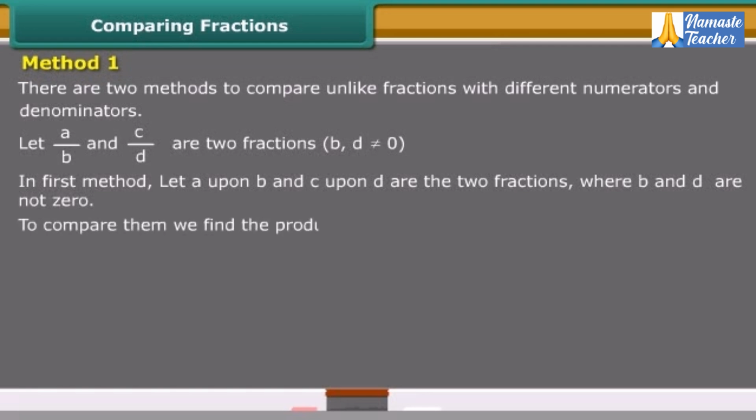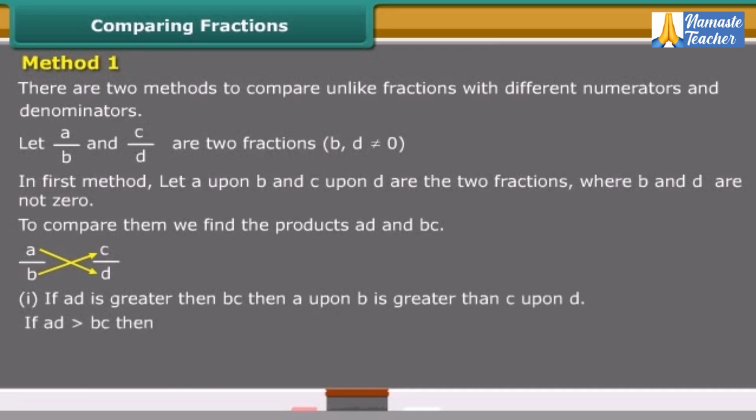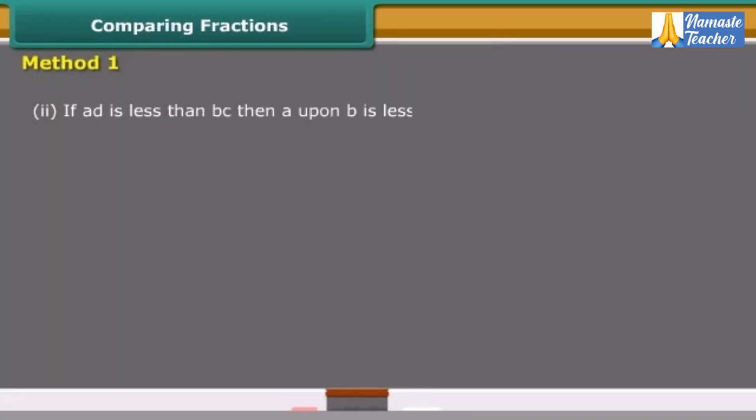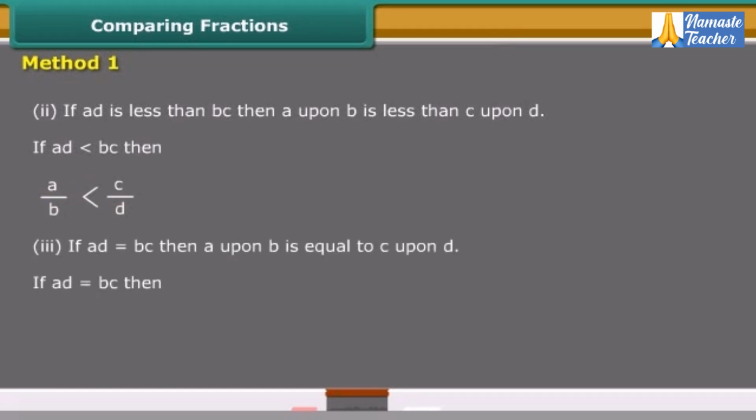To compare them, we find the products AD and BC. If AD is greater than BC, then A upon B is greater than C upon D. If AD is less than BC, then A upon B is less than C upon D. If AD is equal to BC, then A upon B is equal to C upon D.